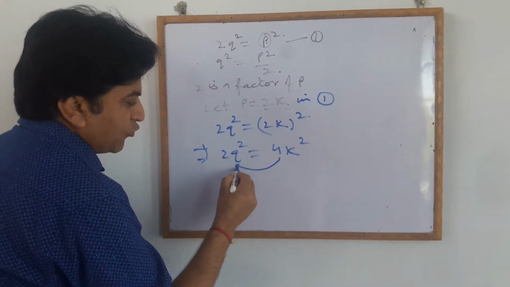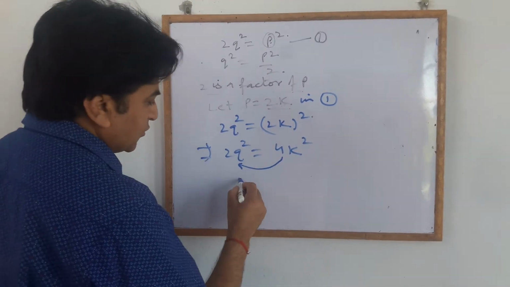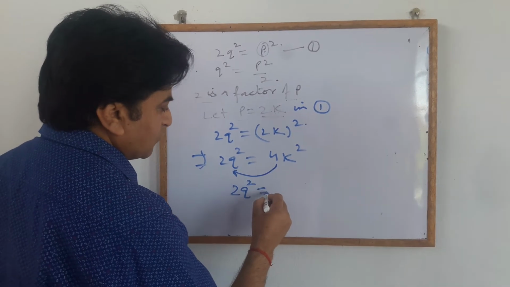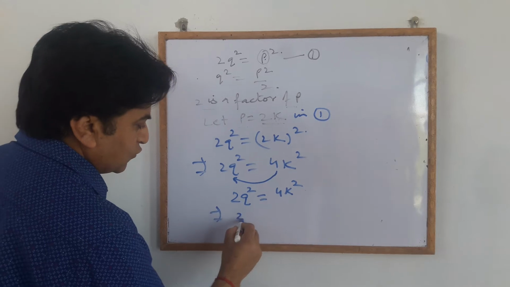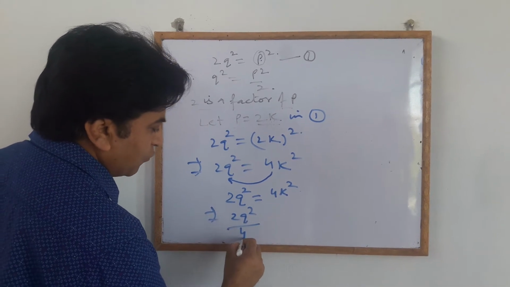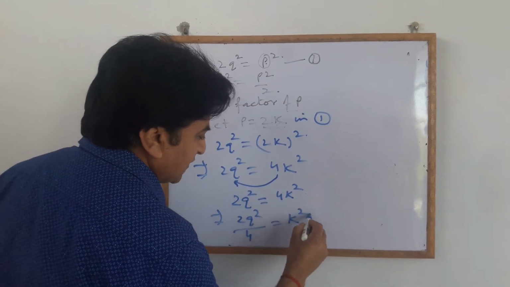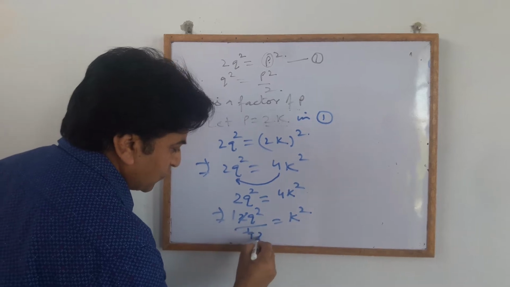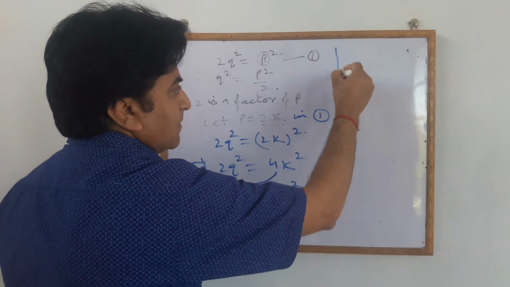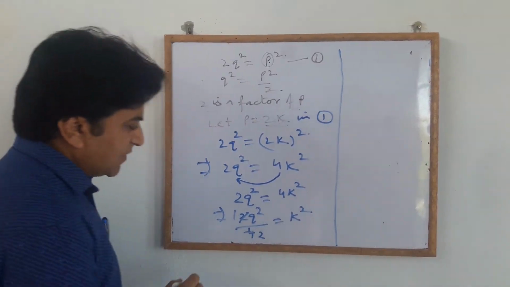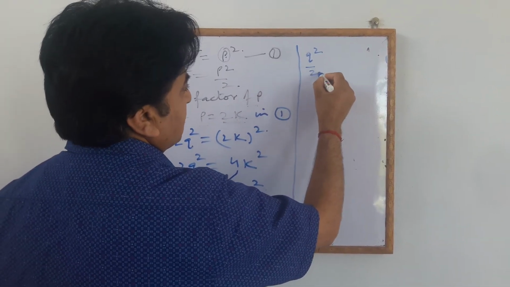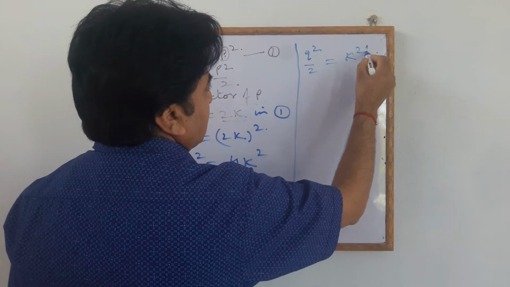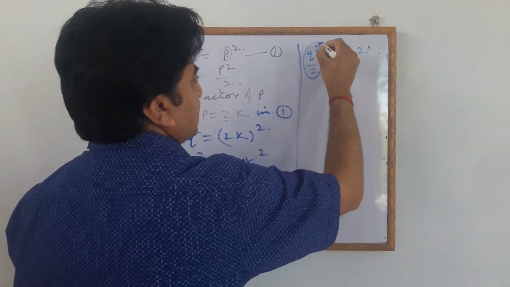Now let's take 4 to the left hand side. 2q square is equal to 4k square, which implies 2q square upon 4 is equal to k square. 2 1 2, 2 2 4. What we are observing here is that q square upon 2 is equal to k square. You tell me what it means.